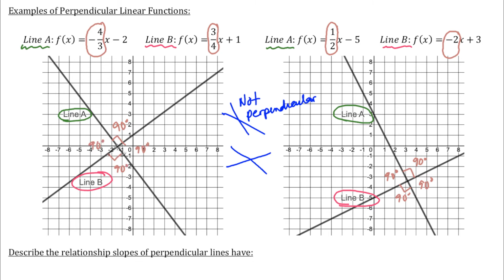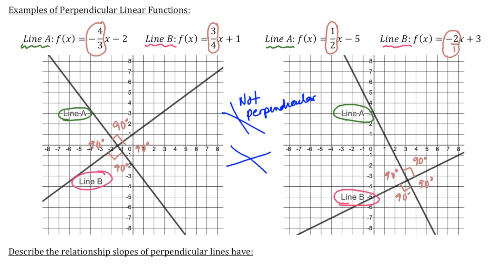In order for these to be all 90 and intersect perfectly, the slopes have to be the opposite sign. So you see how this is negative, this is positive, and flipped, 4/3, 3/4. It doesn't look like it all the way over here, but we have a positive over here, we have a negative over here. We have a 1/2, but remember this is just 2/1.